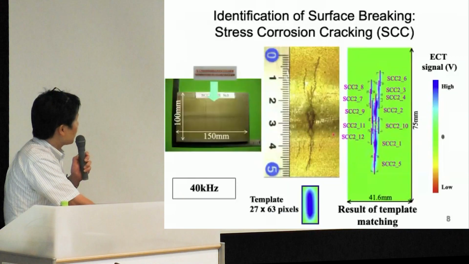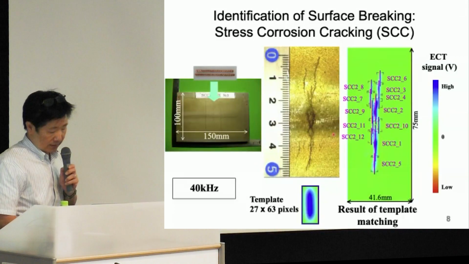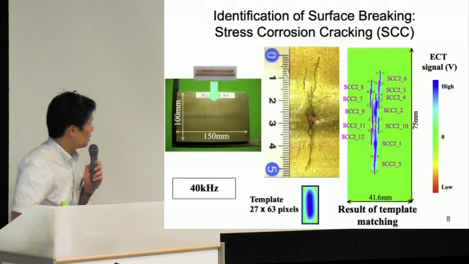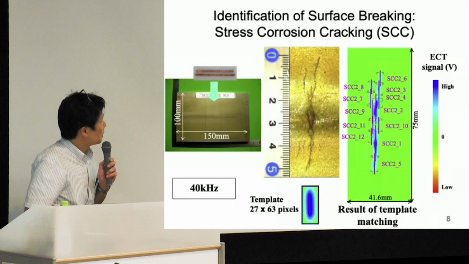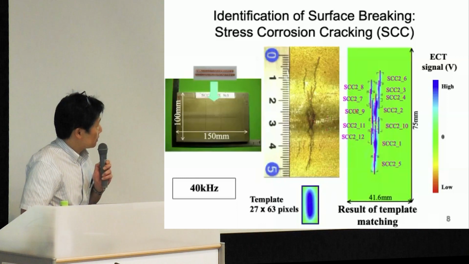And for stress corrosion cracking, so this is a specimen, and in the center part, stress corrosion cracking is lying. And in the same way, we identify the stress corrosion cracking on the surface.